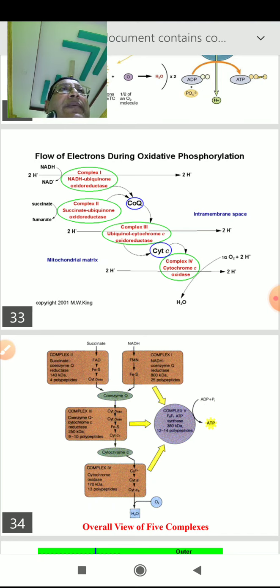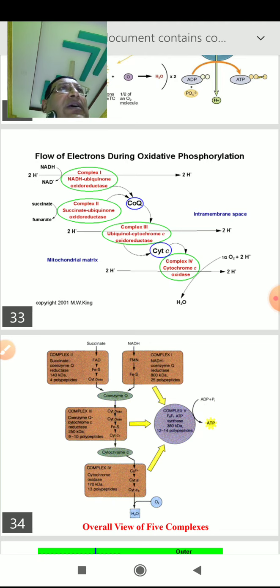Hydrogen will be transported from the M side to the C side, and finally the electron combines with hydrogen and oxygen to give water, which forms inside the matrix. So complex 1, complex 3 and complex 4 are the three places concerned with the transport of hydrogen protons from the M side to the C side.